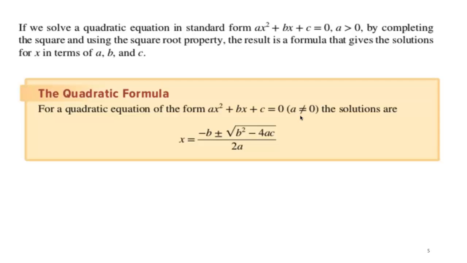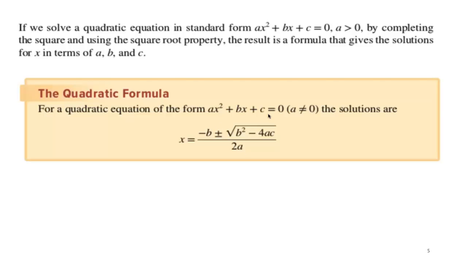In other words, it's basically the very last step of completing the square. So instead of completing the square every problem, we're going to use the formula, which is the last step of it, and just get the solution right away.